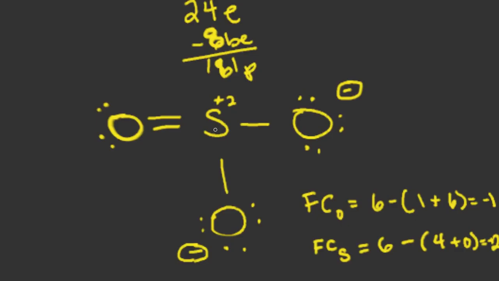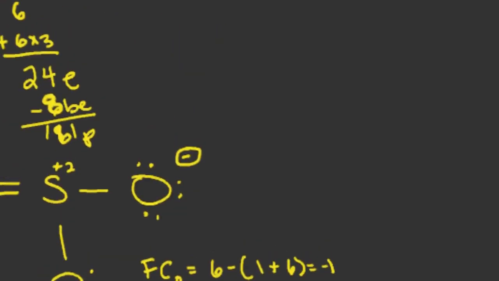Now the question is, can I get a better Lewis structure by adding another bond? So we want the most bonds and the fewest formal charges. So let's try two double bonds.